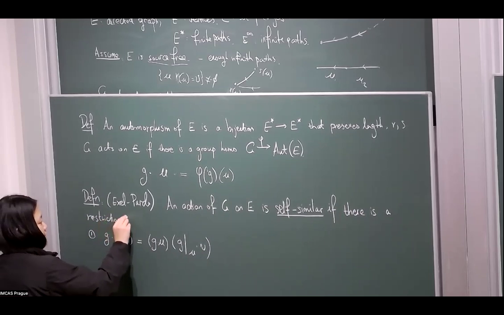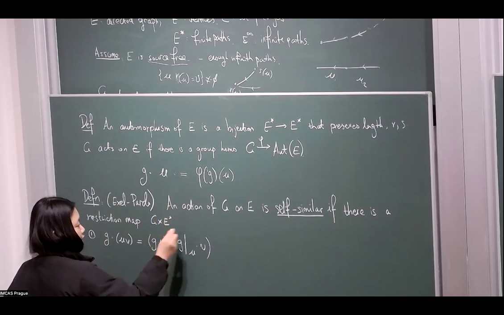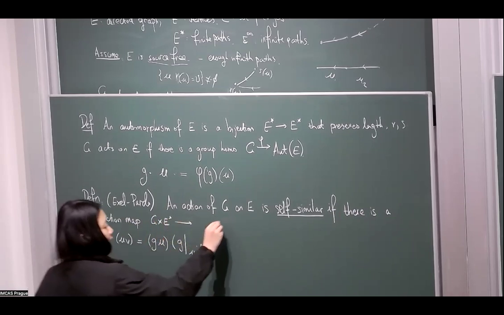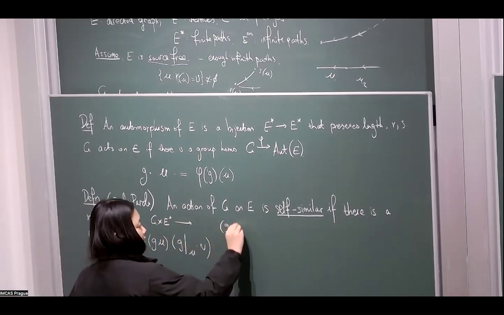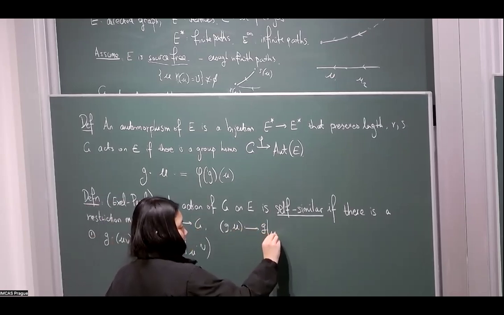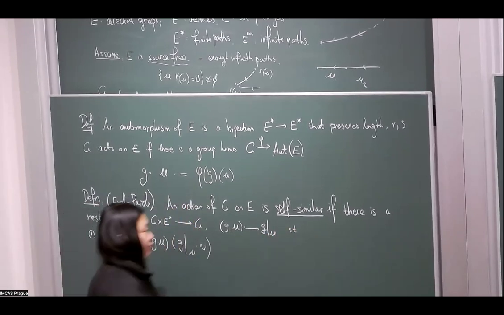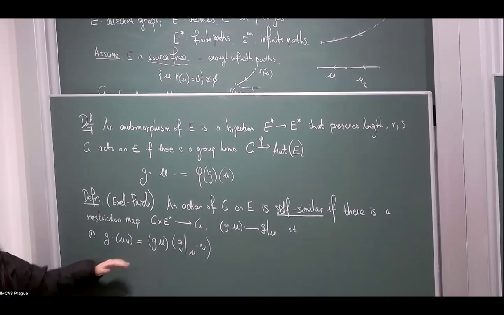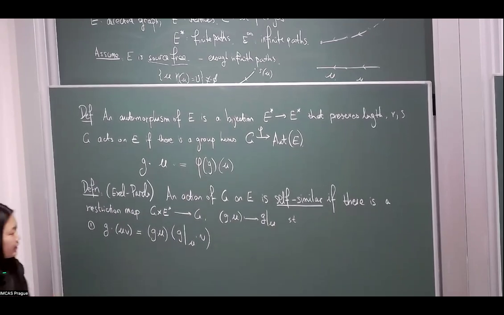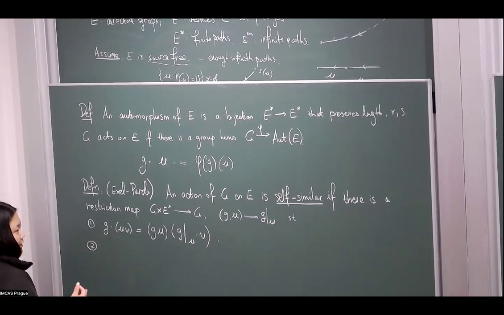It's a map that takes a pair of a group element and a finite path, and gives me another group element, satisfying, first of all, this rule that indicates the self-similarity, and the remaining axioms really tell you how to extend this to the whole action.